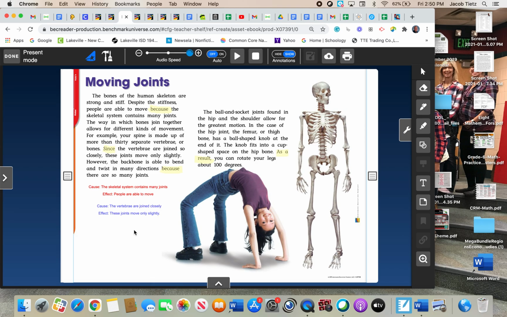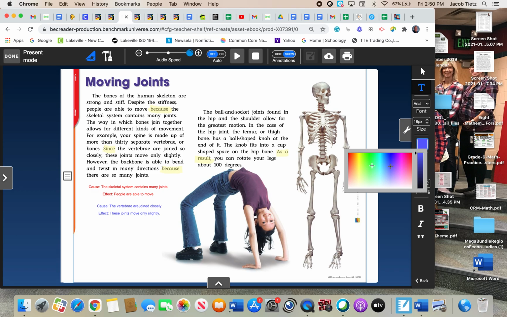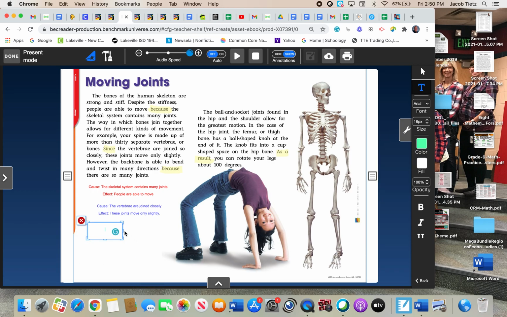Now we have the because, and we also have the as a result. Since we used because already at the top for one of our cause and effects, let's do the as a result. So let's do a different color there. My favorite color, green. Let's do that. And we'll do another text box as well. Let's put that right here.